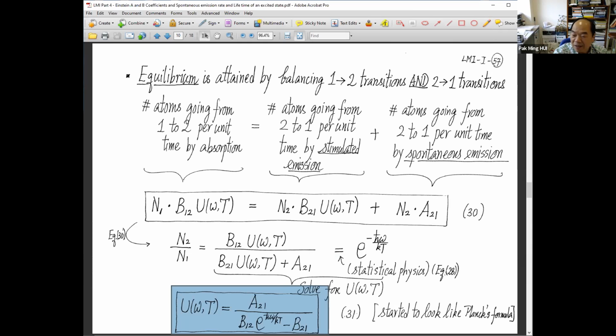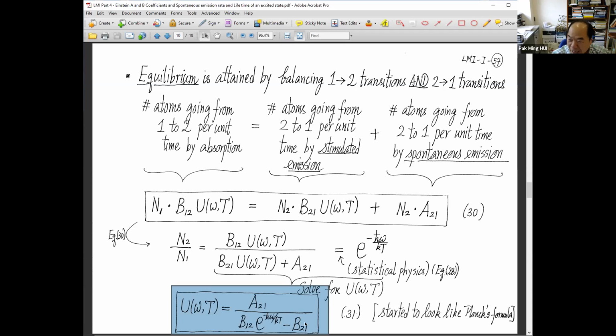B12 is this absorption, ordinary. But he needs, now that is the point you should pay attention to, he needs to introduce a new process, new at that time, called stimulated emission, the B21, in order to get something here, you see.